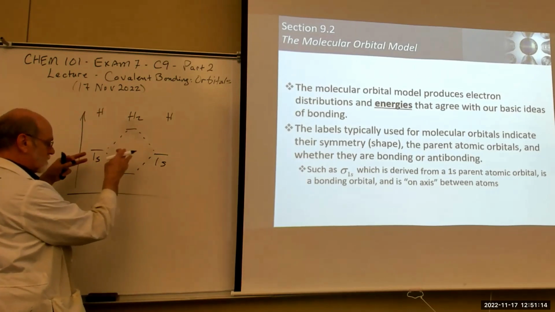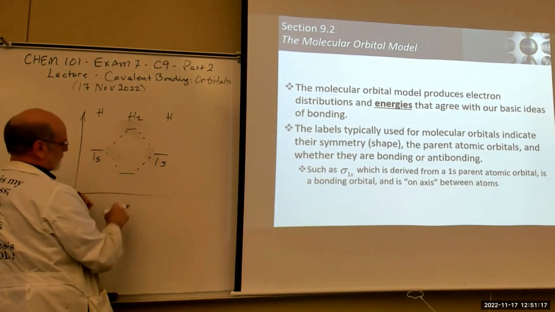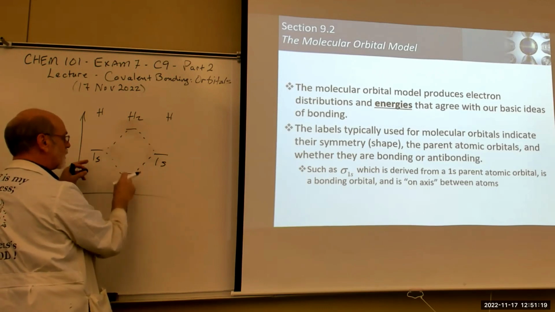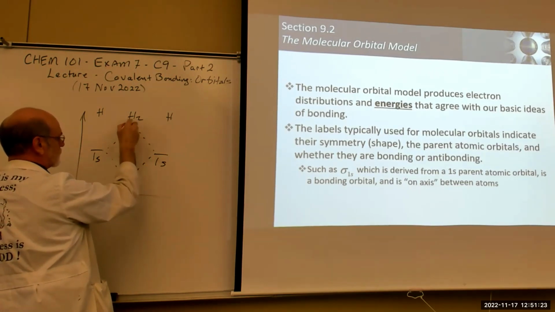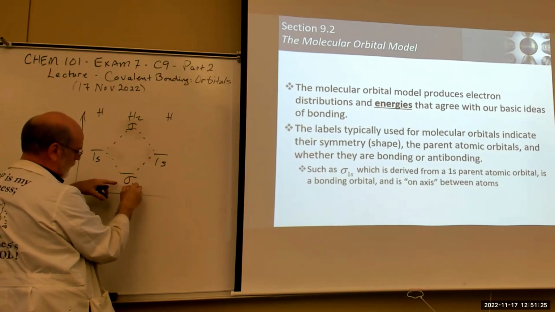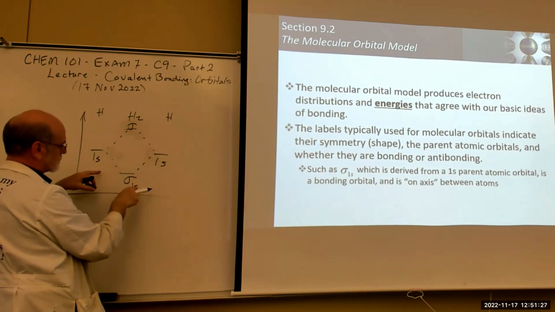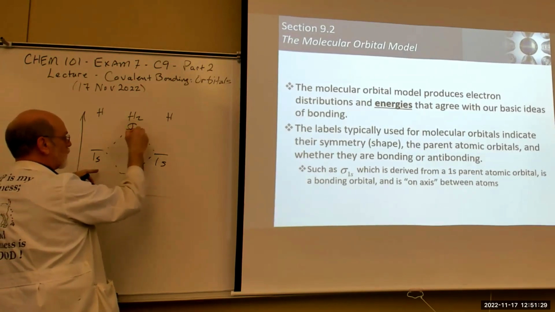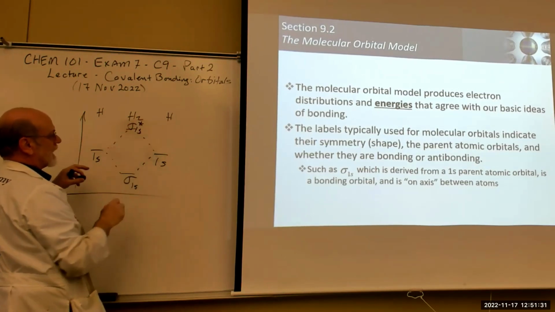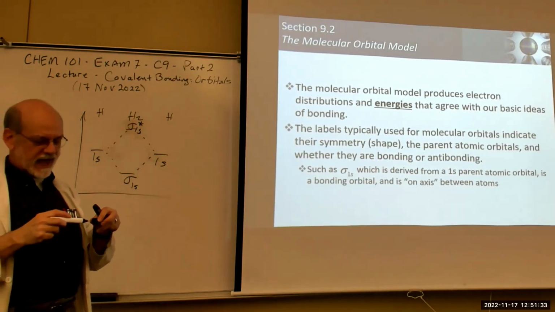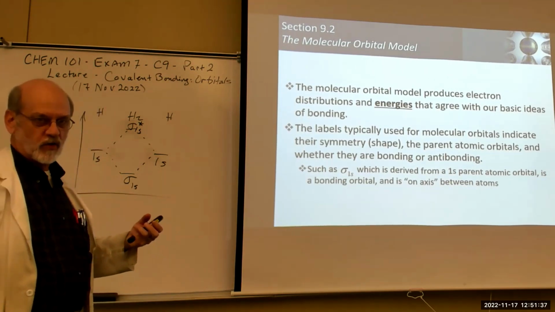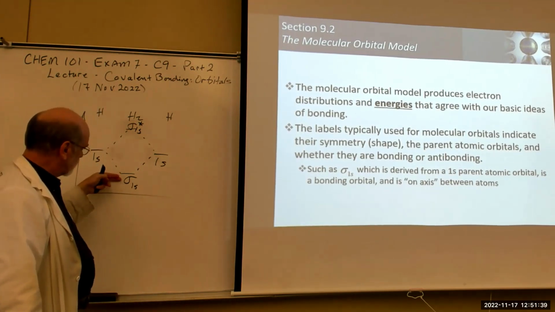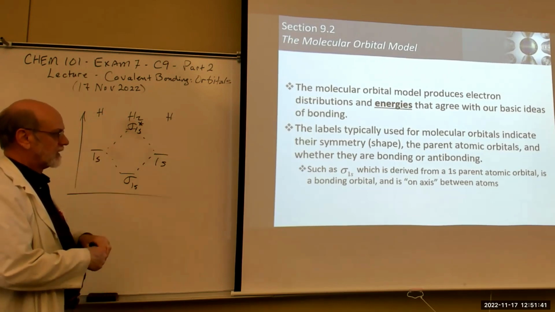So these are the only orbitals that we can derive from them. So this is going to be a sigma, and this is going to be a sigma. But this one is derived from the 1s on each side. And this one is derived from the 1s, but it is anti-bonding, and we use that little asterisk or star to designate an anti-bonding orbital. So we get a sigma bonding and a sigma anti-bonding.